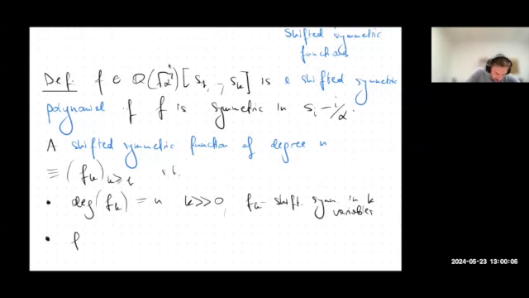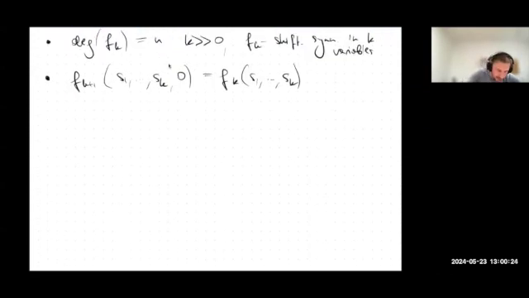And we have a compatibility relation. So if I take f_{k+1} and I kill the last variable, then I will get my f_k.